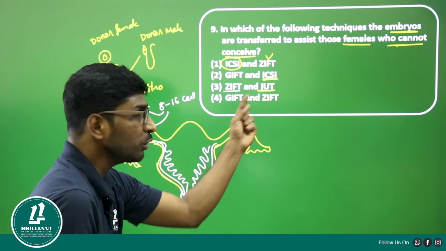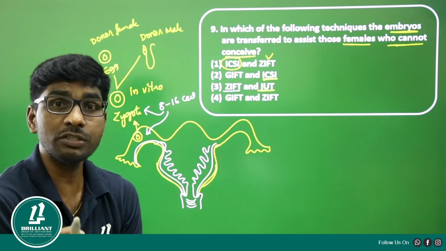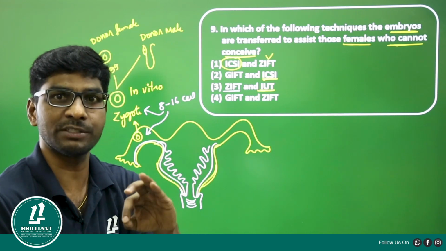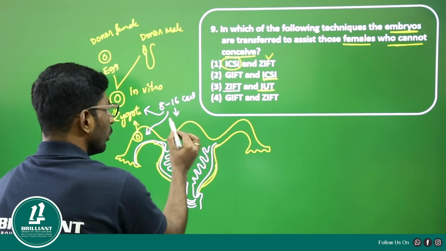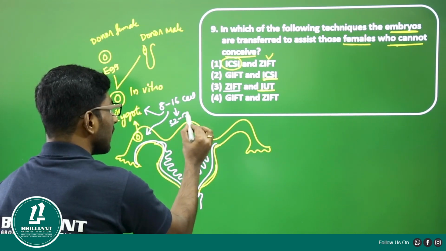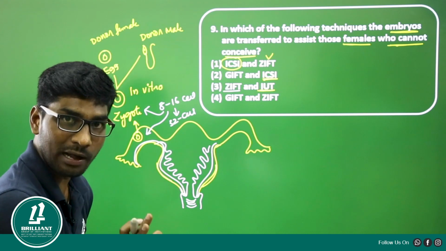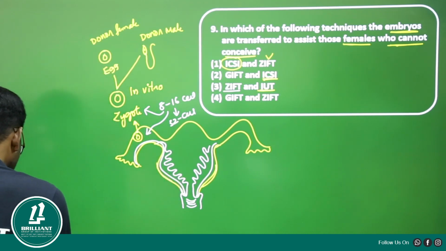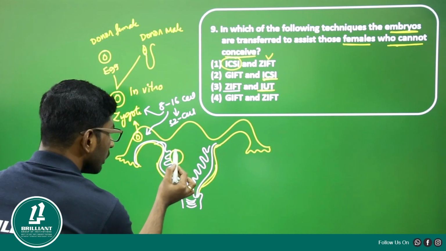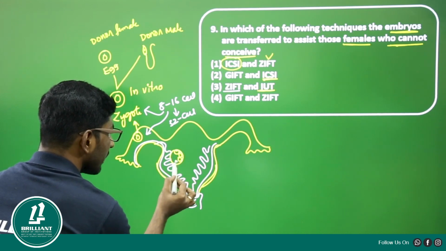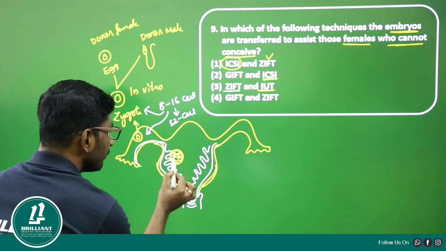Next, IUT means intrauterine transfer, which means they allow this zygote to develop till the 32 cell stage of morula. That morula will be transferred to where? Into the uterus.